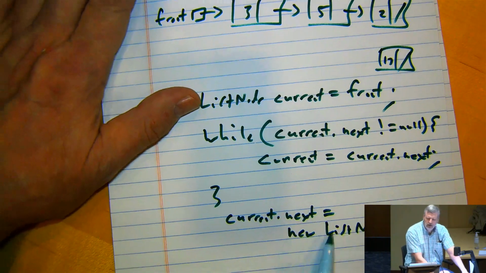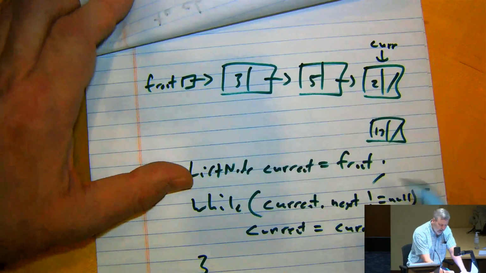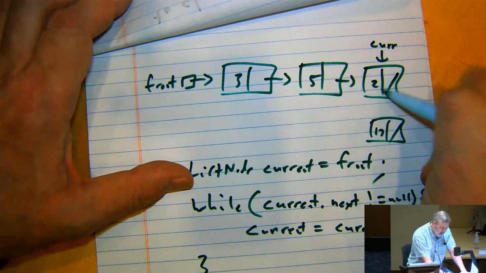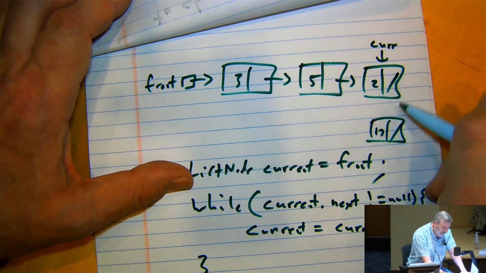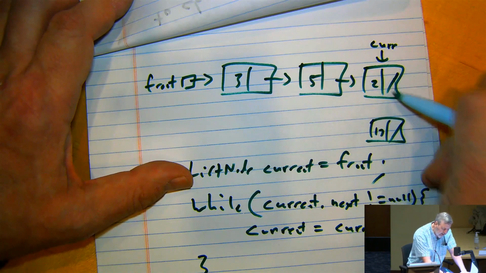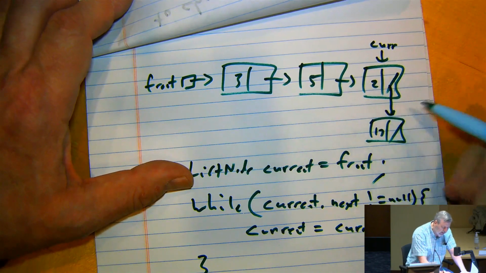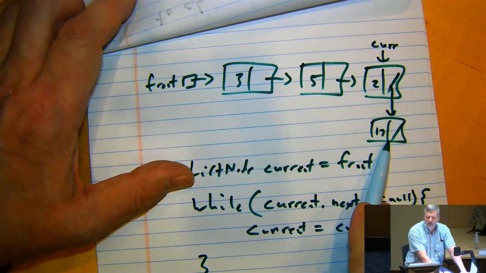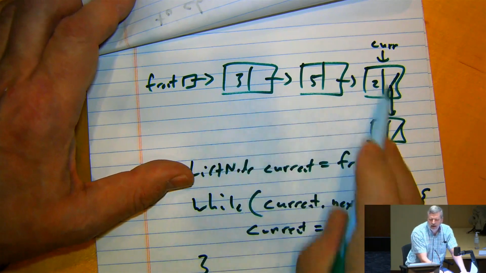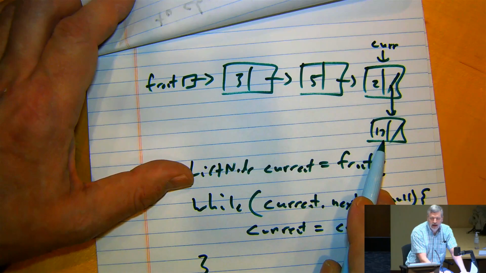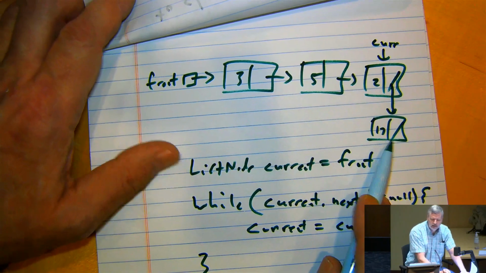So I'm going to set current.next to be this new list node. So current is here. Current.next is this box right here. That's an actual link of the list. And so when I say that .next field should be changed to point to the node with the 17 in it, now I've made a 4-element list. Now it's actually part of the list.